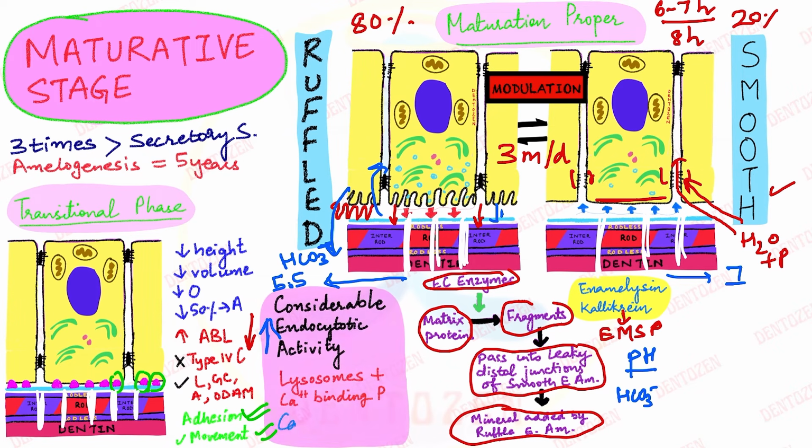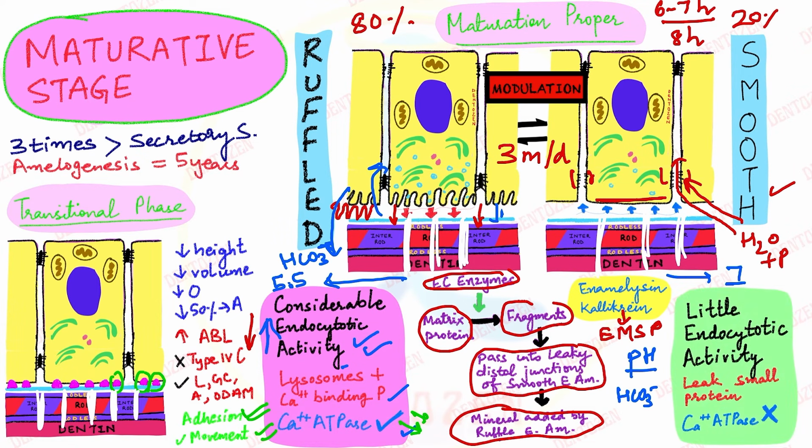So the ruffle-ended ameloblast shows considerable endocytotic activity. It has lysosomes, calcium binding proteins, and calcium ATPase activity, which helps in pumping the calcium ions into the enamel. Whereas the smooth-ended has little endocytotic activity, it leaks small proteins, and it has no calcium ATPase activity. So it is mainly associated with removal of protein and water, whereas the ruffle-ended is mainly associated with addition of calcium.